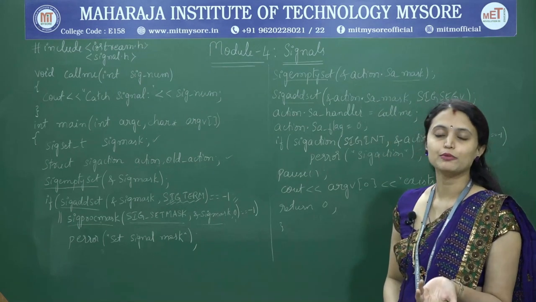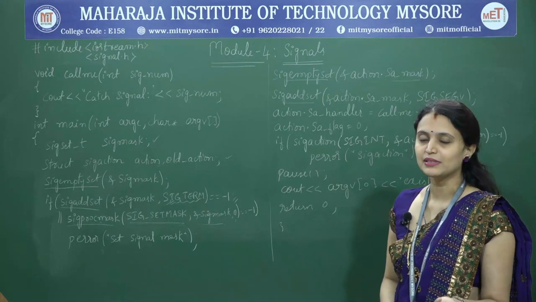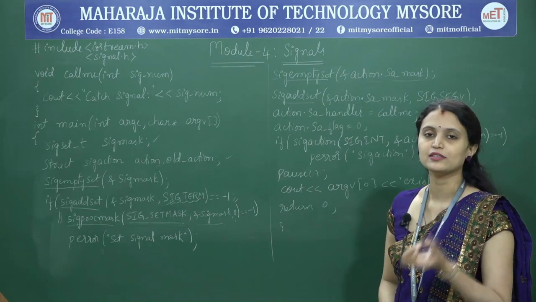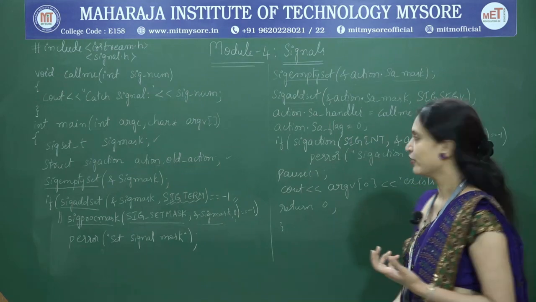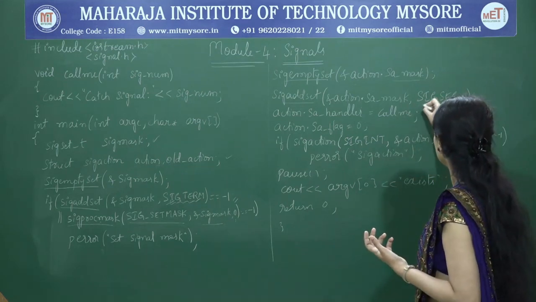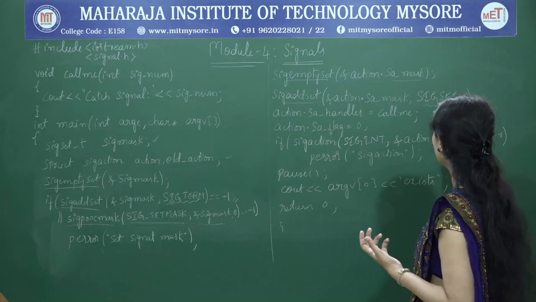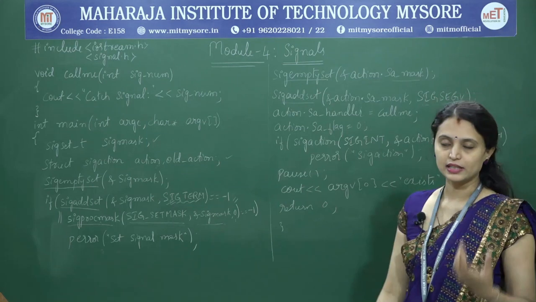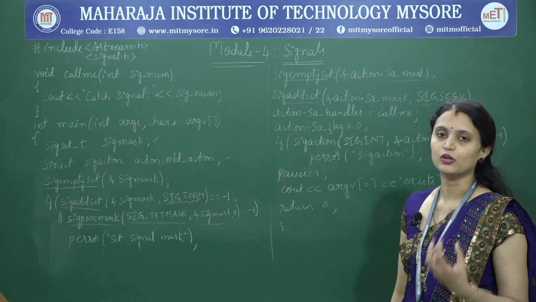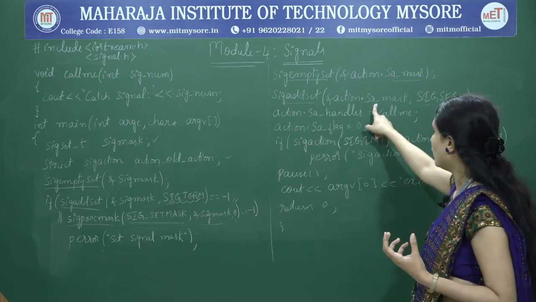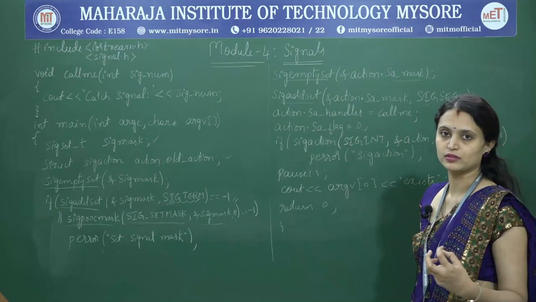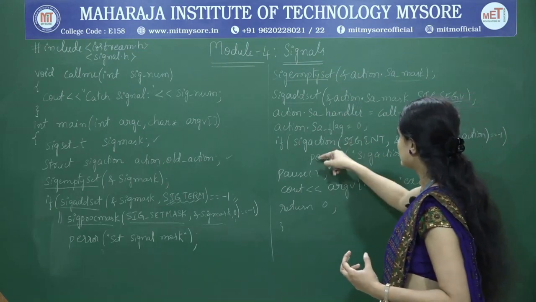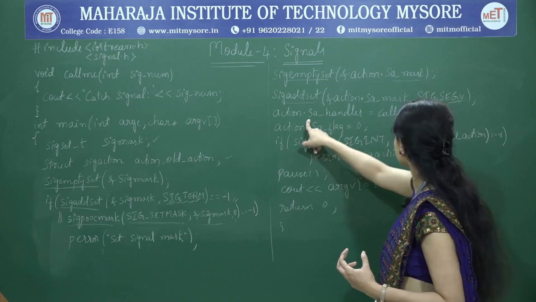That is the concept of signal mask: it contains the list of signals, or set of signals, that are blocked for the calling process. So here I am using this particular SIGSEGV signal, and that will be blocked for this particular process. So next, what is happening?